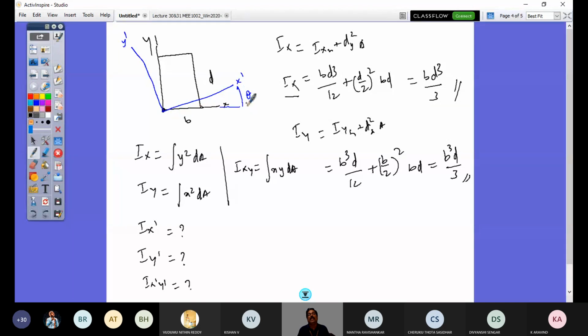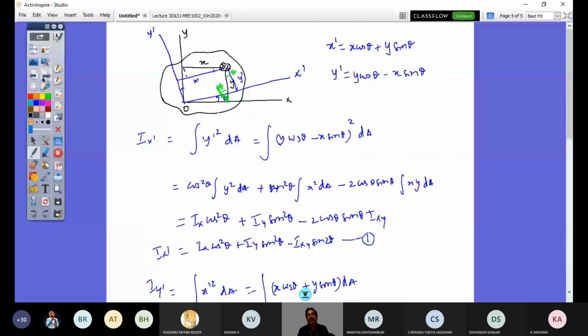So Ix dash requires Ix, Iy, Ixy, all three. That's what you are witnessing now. To calculate Ix dash, I should know for my section Ix, Iy, Ixy, as well as this angle theta. This trigonometric formula is required. So this is how you would be able to find these three values in a generic case.